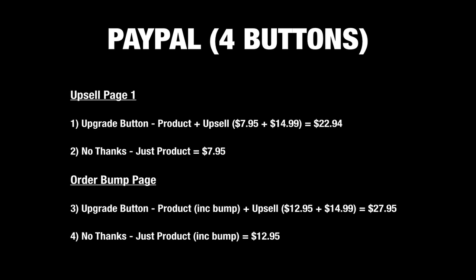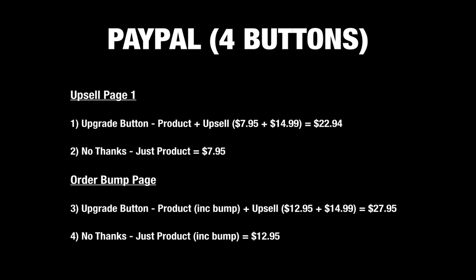Now, if they've decided that they actually want the order bump on the first page to get 2 versions, they jump across to the order bump page. It's exactly the same 2 buttons: the upgrade button and the no thanks. On the order bump page, you need to create a button for the product, including the bump, and the upsell. So in this example, for 2 of the product, we might be charging $12.95.